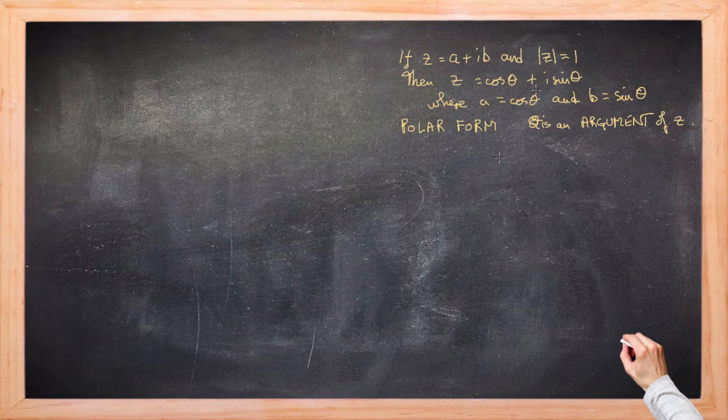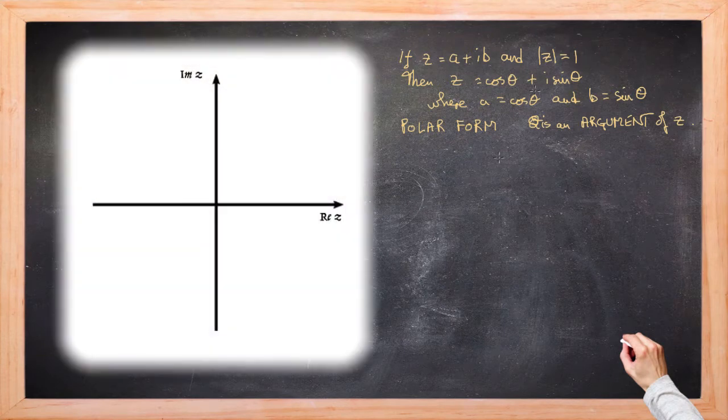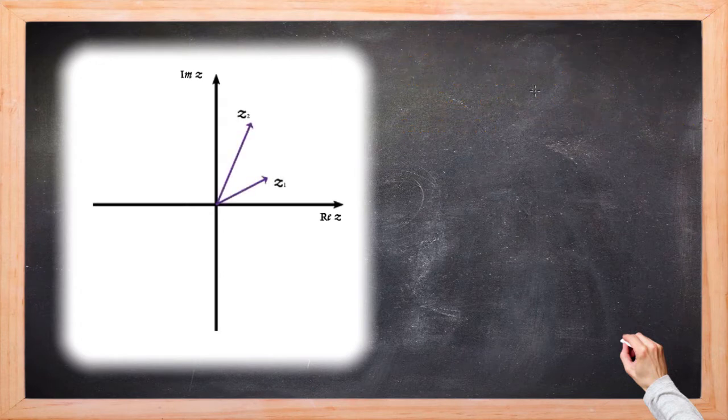So how do we extend the idea of polar form to numbers that are not just on the unit circle? Well, it's useful to consider that each complex number is associated with a corresponding vector.